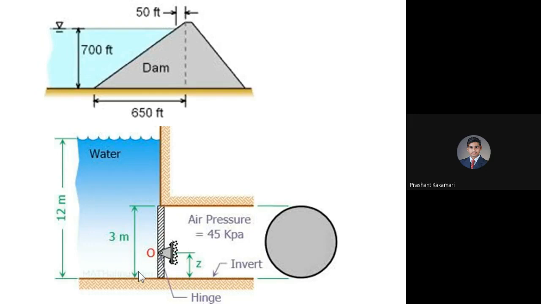For operating the gate, the vertical surface, they have fixed a hinge, and about that hinge it rotates to open and close the opening for water flow. Once it is closed, I can assume the water is in a static condition. Then we can take the pressure acting on this wall.